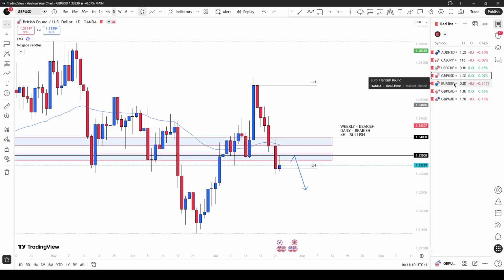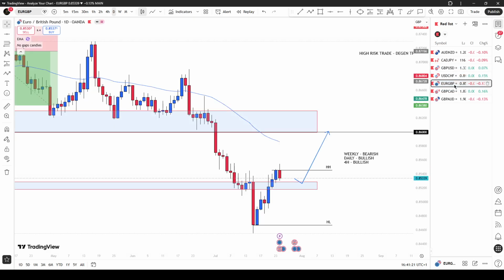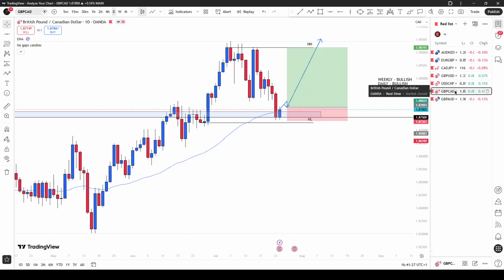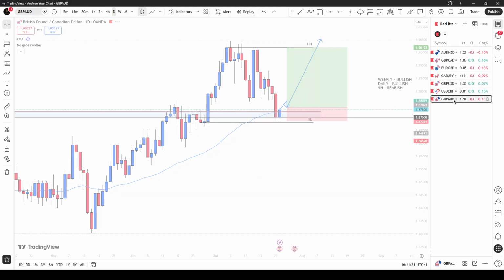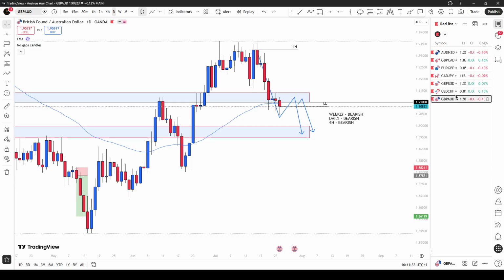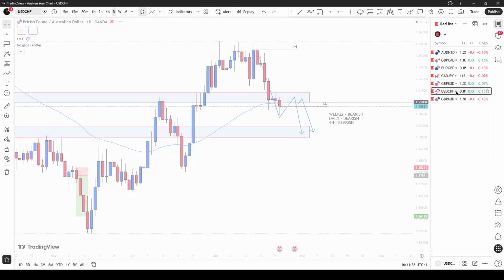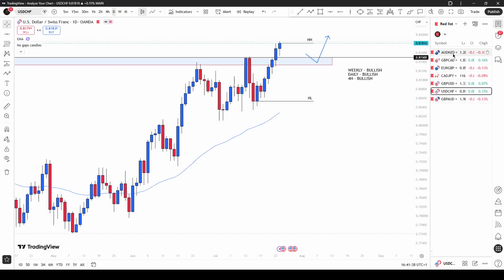This one is not the area of interest. The Euro GBP is also close. It should be here. GBP CAD is at the area of interest. GBP AUD is not close. So that is that.